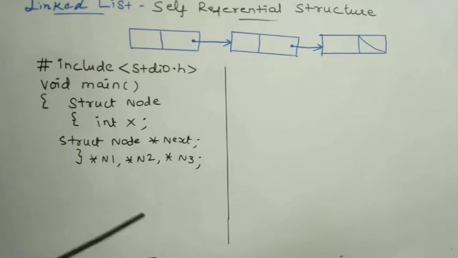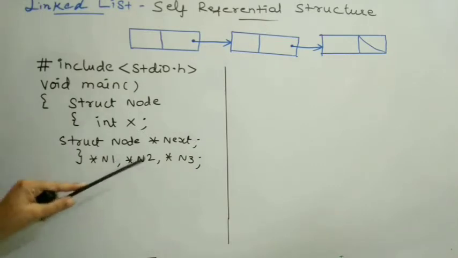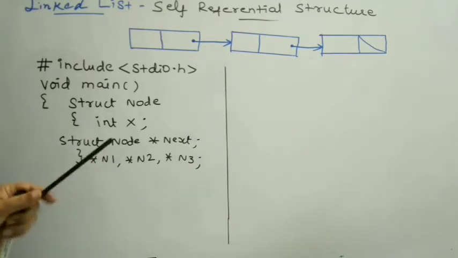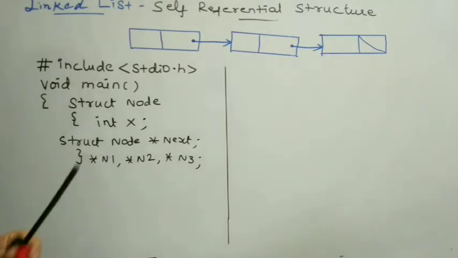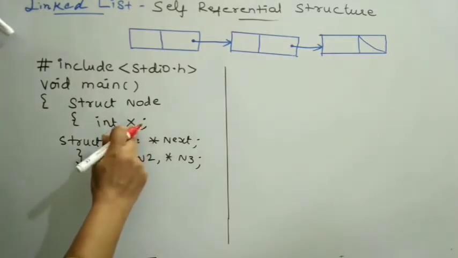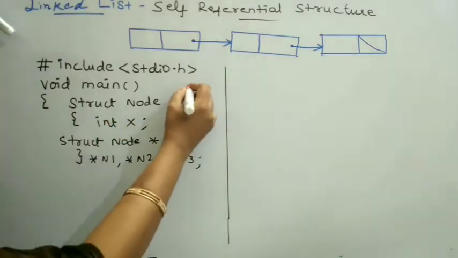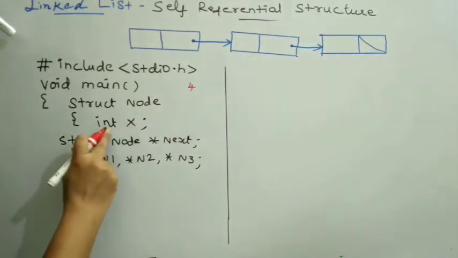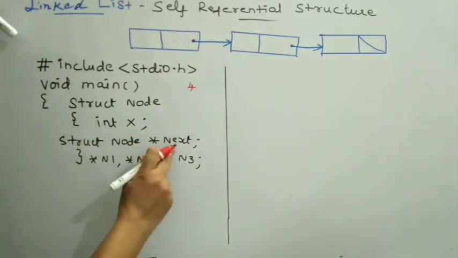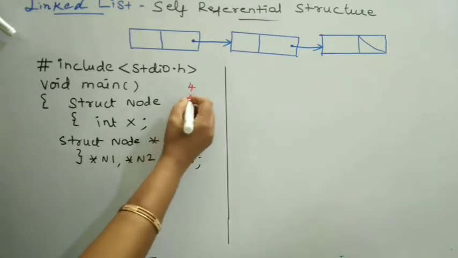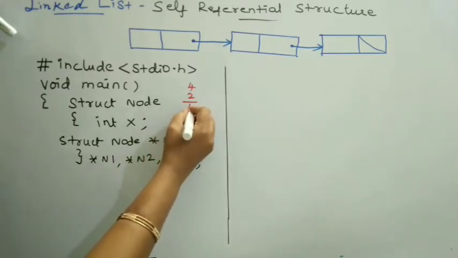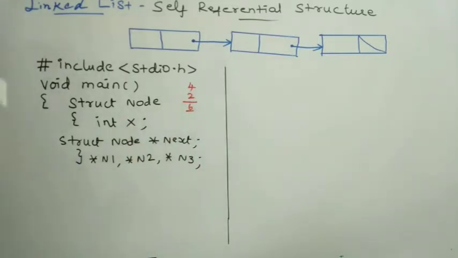It will allocate memory addresses for these pointer variables. For the first data member, it needs 4 bytes of memory since it is an integer value. For the second data member, since it is a pointer variable, it allocates 2 bytes of memory. Totally, it allocates 6 bytes of memory.